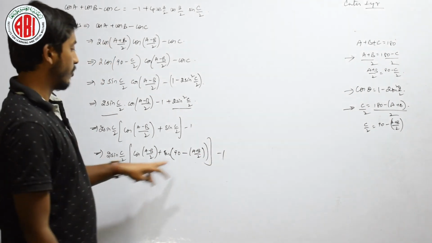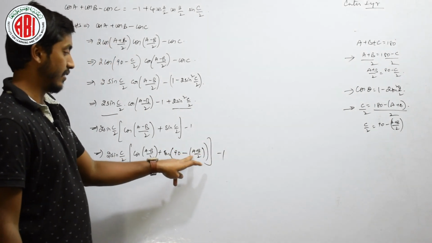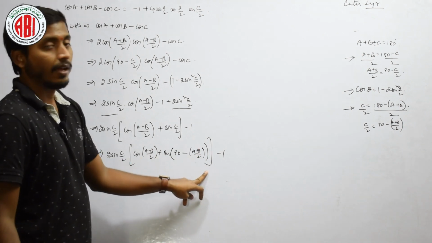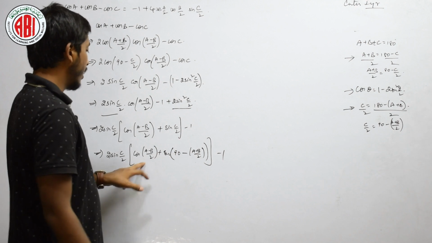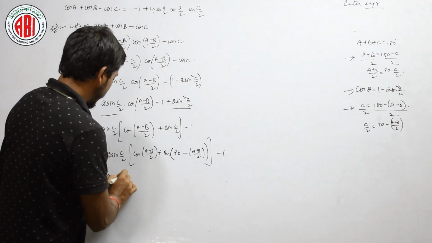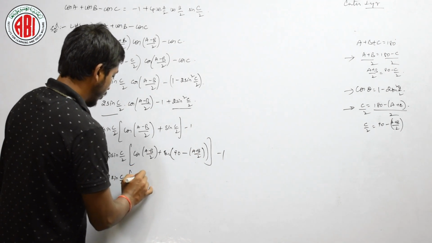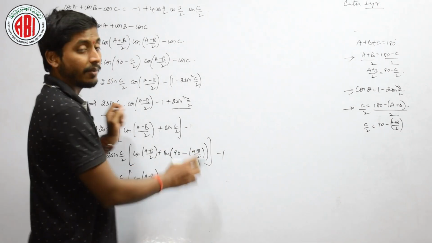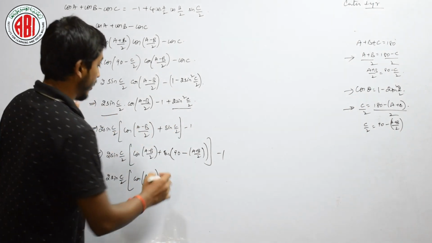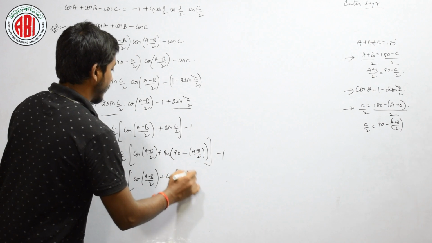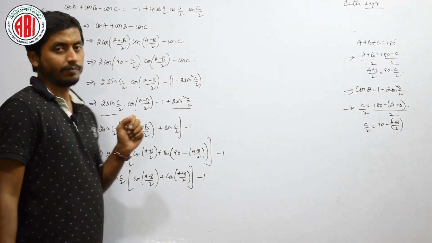Do not get confused with the brackets. This is the (A plus B) by 2 bracket inside sin, and the square bracket is the outside one. Now this will become 2 sin C by 2 into cos of (A minus B) by 2 plus, sin of 90 minus theta is nothing but cos theta, that is cos of (A plus B) by 2, minus 1.